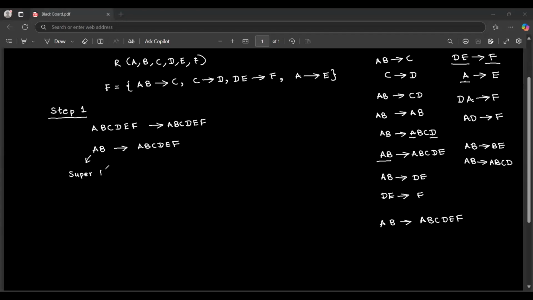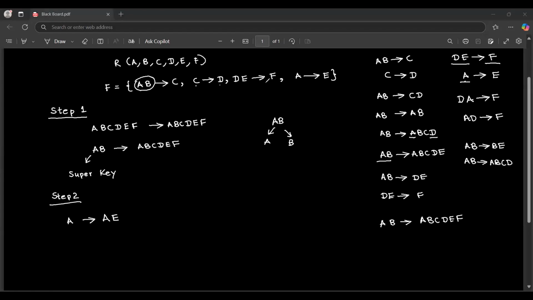Now we have to check whether it's the candidate key. So let's break this. If you break AB, you will get A and B. So what about A? What does A functionally determine? A functionally determines A, obviously, and A functionally determines E. That's okay, but other than that, there is nothing else we can do, because here we need A, B together.